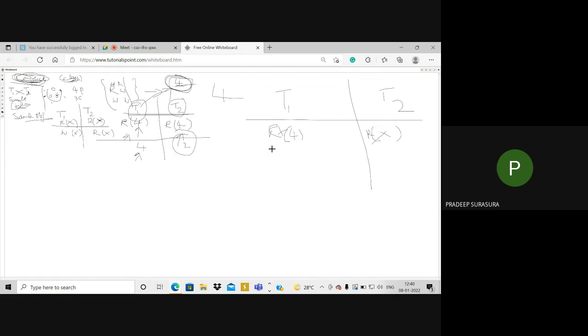This one says x plus 4, and this one says x plus 2. So when I write x here and write x here, there definitely must be a conflict. The total seats available were just 4, and if I absorb all the 4 here, this leads to certainly a problem.